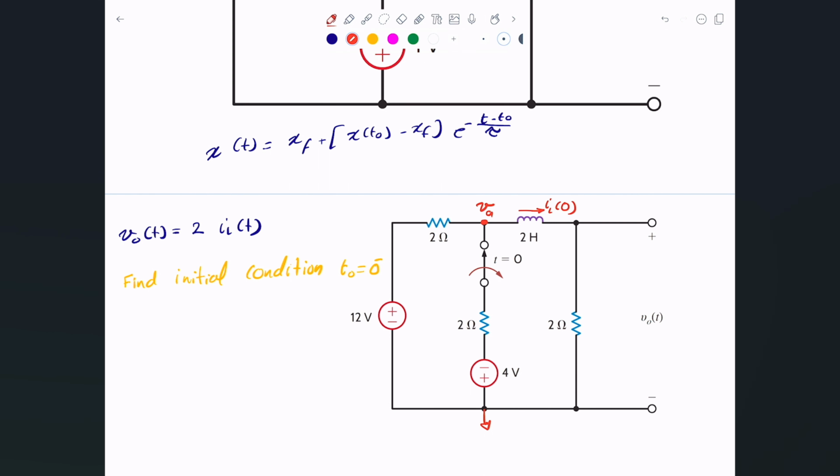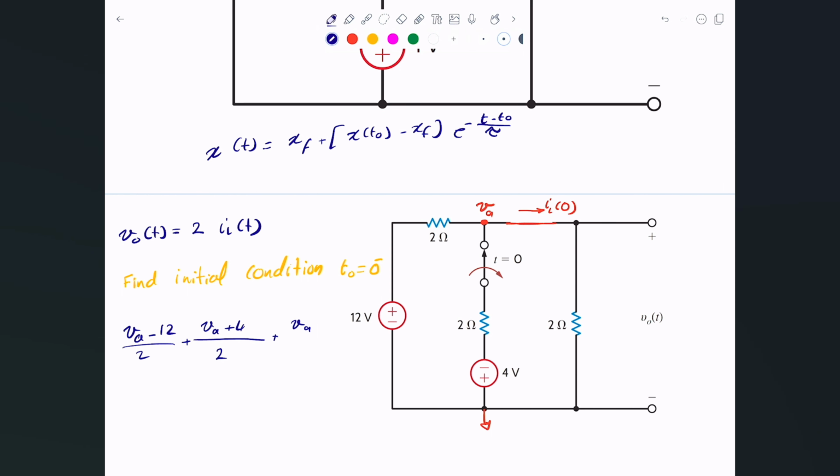All right, so let's write this nodal equation in here. This nodal equation tells me (VA minus 12) divided by 2 plus (VA plus 4) divided by 2 plus VA. Of course, I forgot to mention that if it's been closed for a very long time, what we have in here is simply a wire, because that's just an inductor.